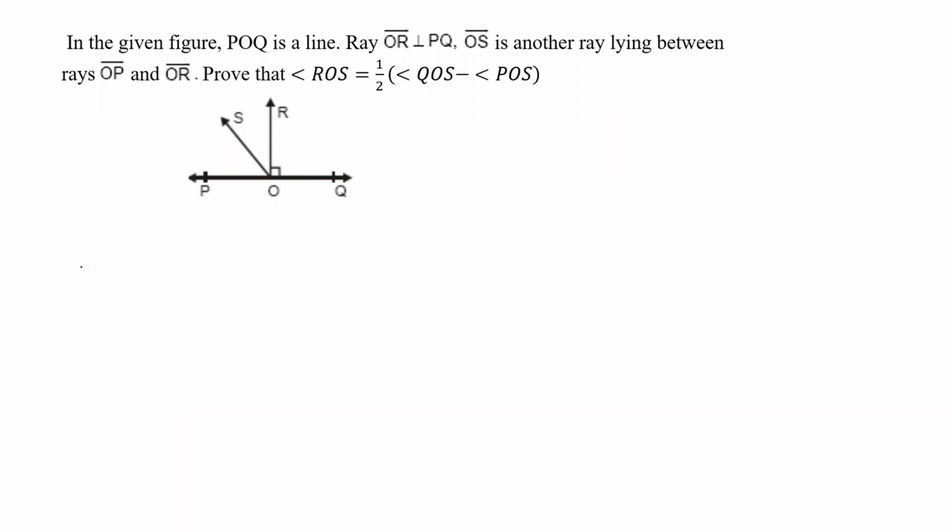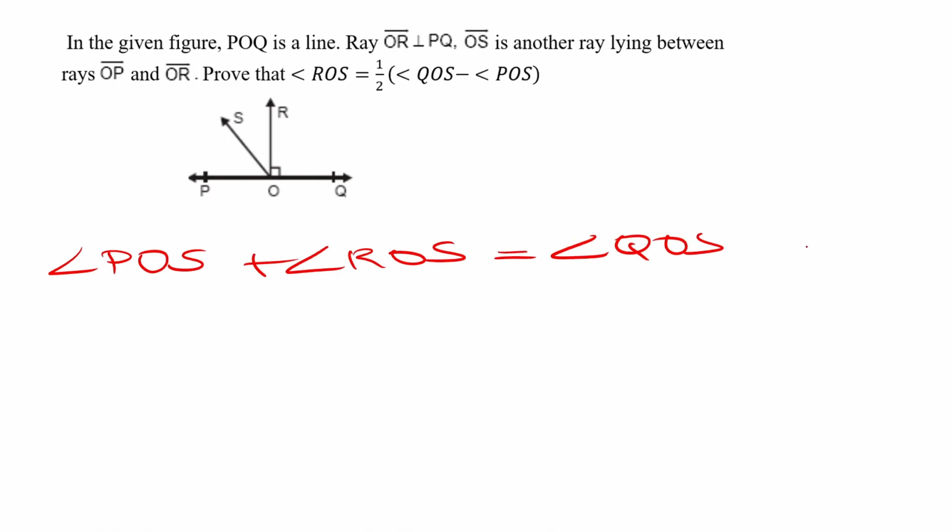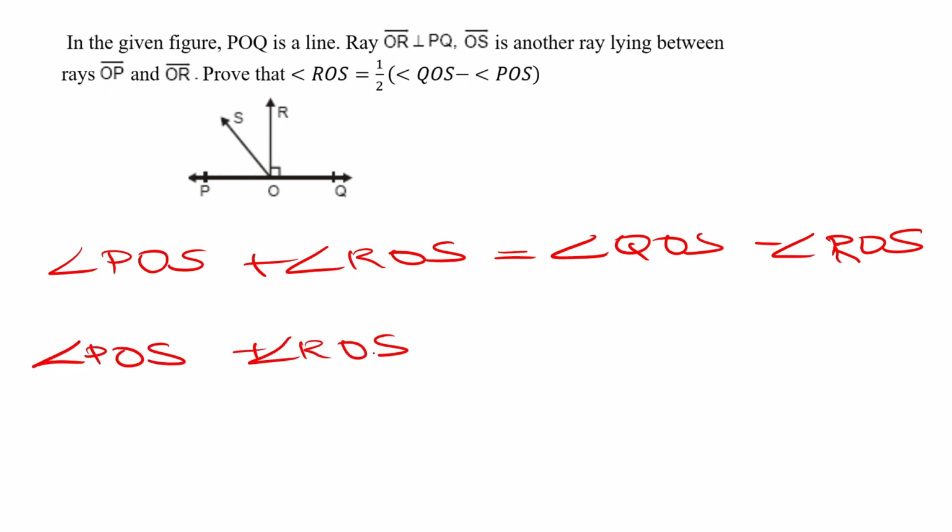I hope you guys noted that down. Now there is a minus and a plus, but that doesn't mean we can cancel them out. POS plus ROS, taking this to this side, plus ROS is equal to QOS.